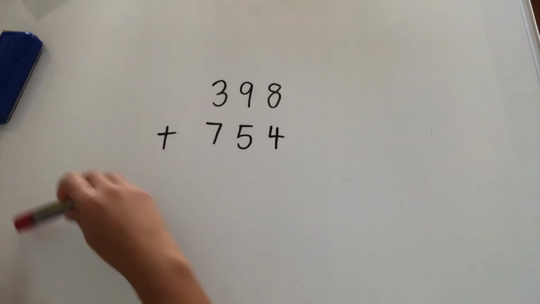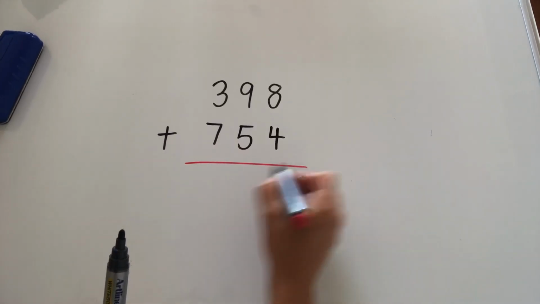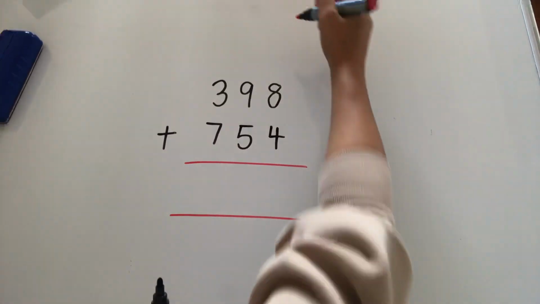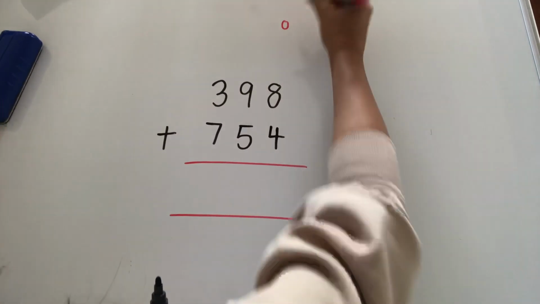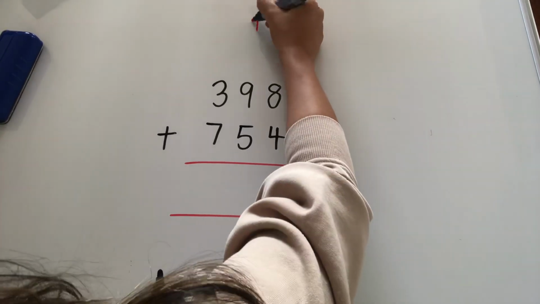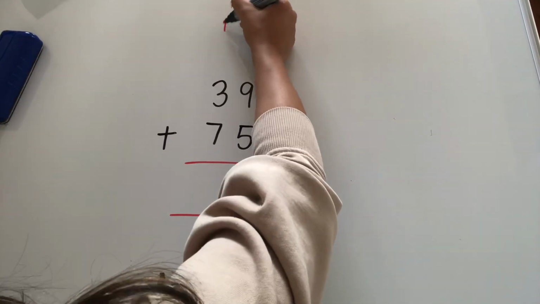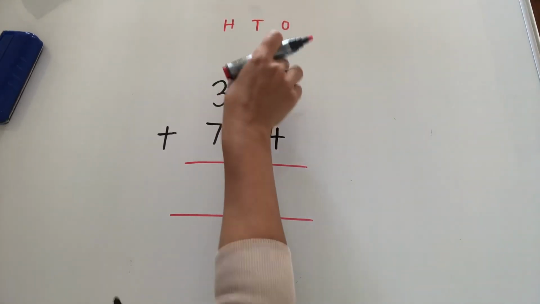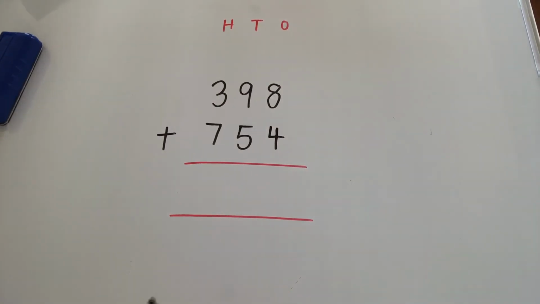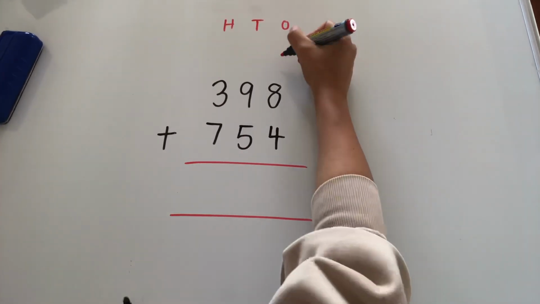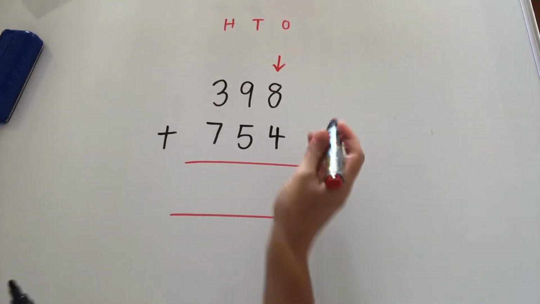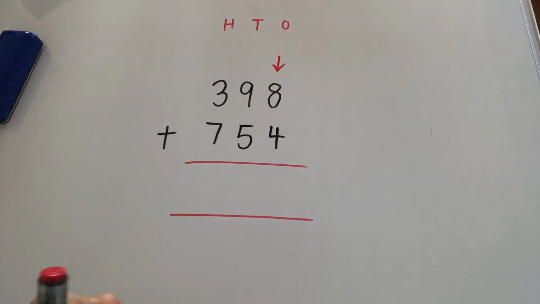Remember, the really important step is to line our columns up. So you can see here, I've got my ones, I've got my tens, and I've got my hundreds column, and they're all in line with our numbers on top of each other. Remembering to start with our ones column first and move across to the left-hand side.